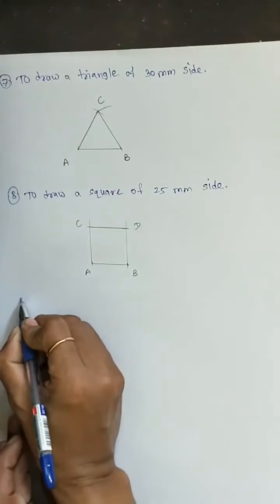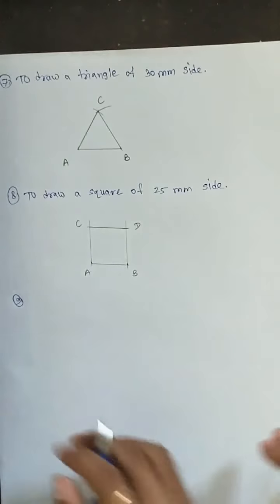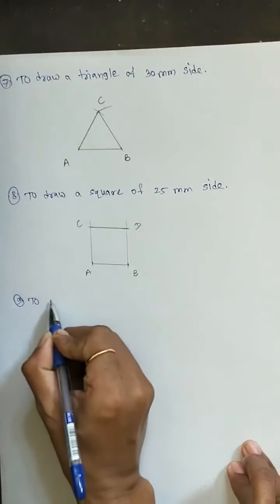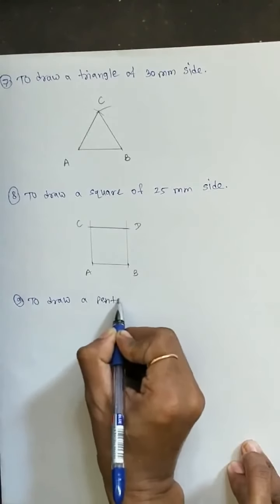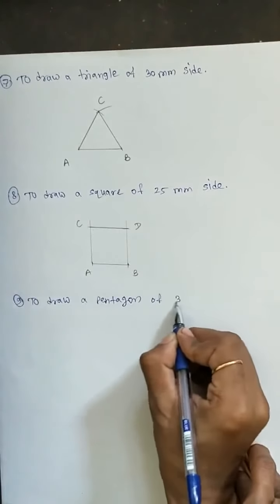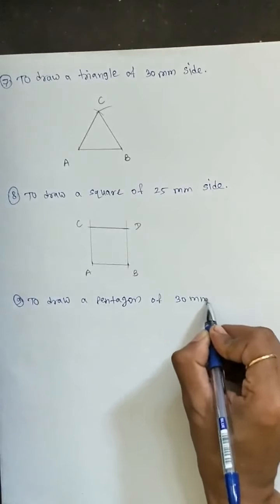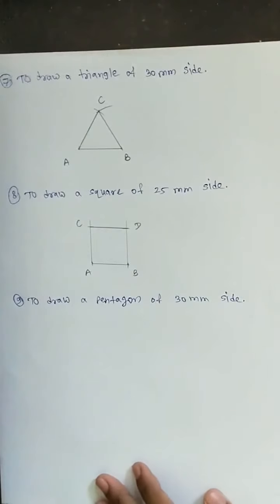Now next geometry is to draw a pentagon. To draw a pentagon of 30 mm side. If you want, you can change the length of the side.